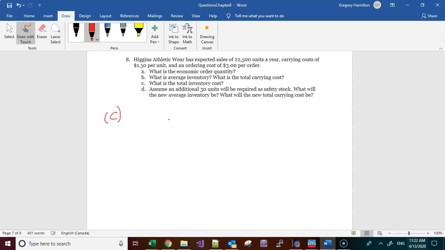Total inventory cost would be sales times order cost over Q, plus C times Q over 2.